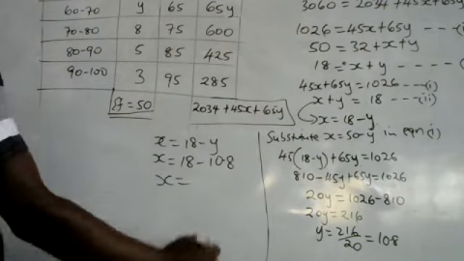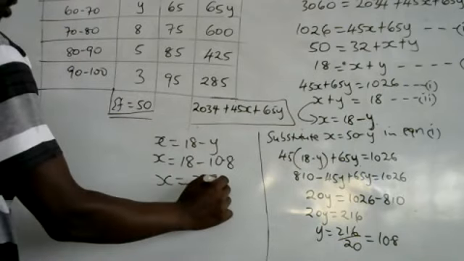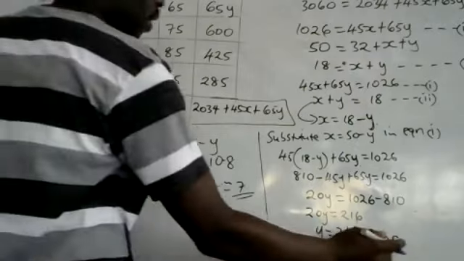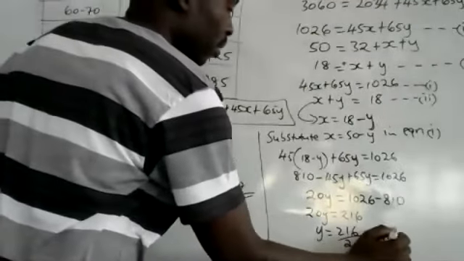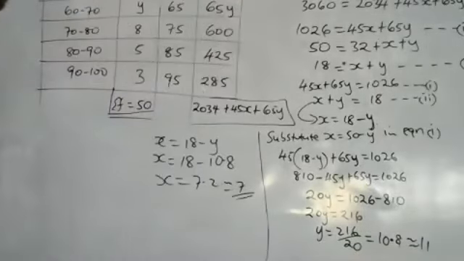So x will be equal to 7.2, which is approximately 7, and y is approximately 11. So those are the values.